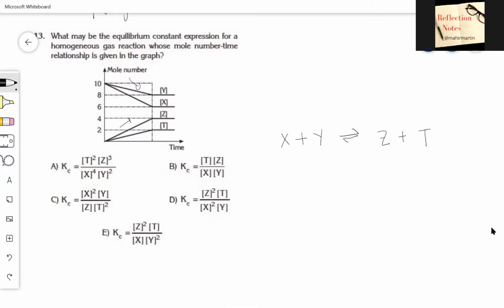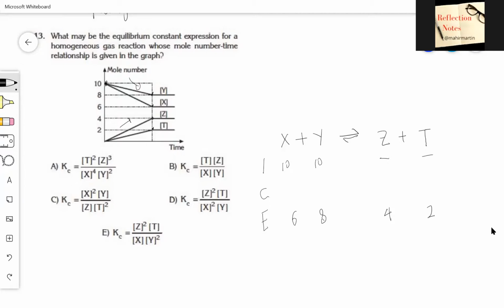Yes, sir. Now, you are given the mole numbers here, so you can use ICE. Initially, X and Y are 10. Z and T are automatically 0. At equilibrium, this point is equilibrium because it is already constant. Y becomes 8, X becomes 6, Z becomes 4, and T becomes 2.